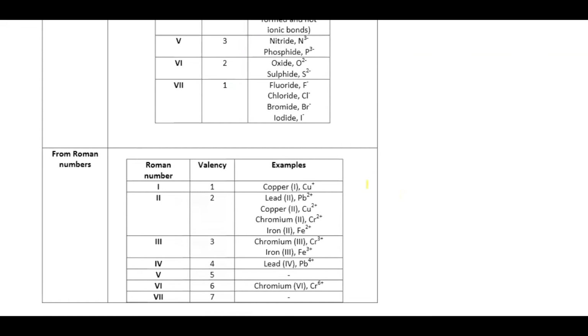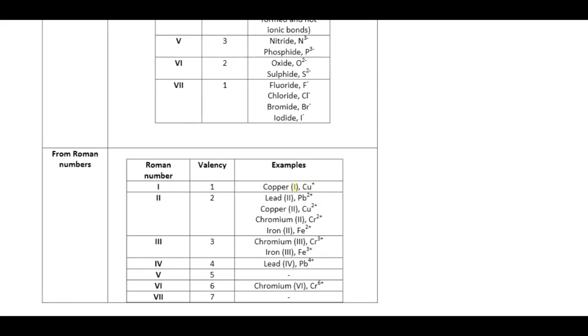Another method to determine valency will be through Roman numerals. This is more straightforward. For example, if the name of the ion is called copper 1, I will automatically know that this ion or element has a valency of 1, because it's given to me.